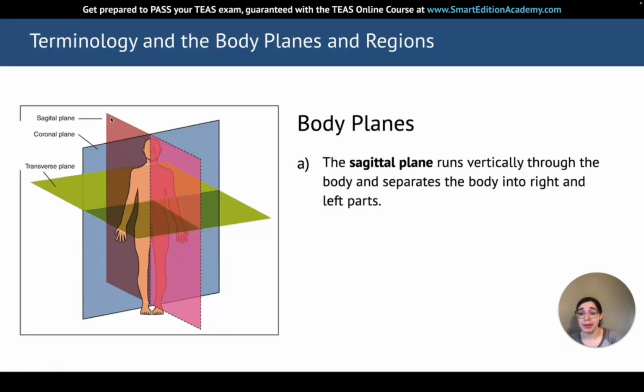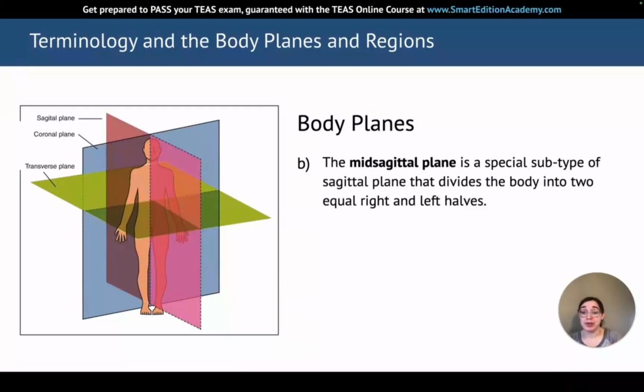The sagittal plane, here in pink, runs vertically through the body from front to back, and it separates the body into right and left parts. The mid-sagittal plane is a particular type of sagittal plane that runs right through the midline of the body, right through the center, and divides it into equal right and left halves, so mirror images of one another.